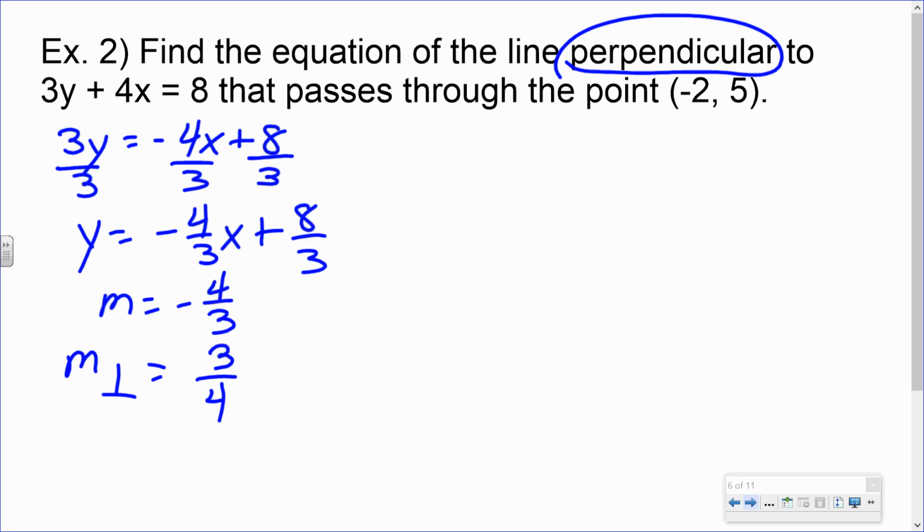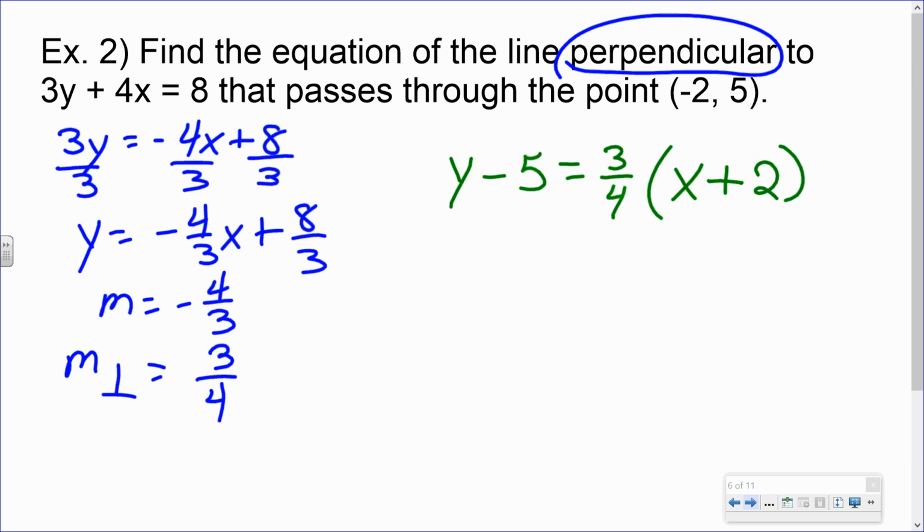So now let's get an equation. Do you want to do slope-intercept or do you want to do point-slope? Why? It's shorter, it's less work. We already know the slope and we know a point. It didn't specify, so let's do y minus our y-coordinate of 5 equals 3/4 times x minus our x-coordinate of negative 2, so times x plus 2.